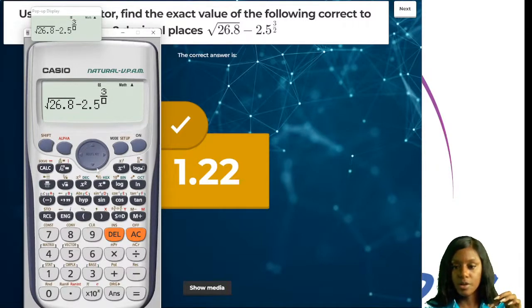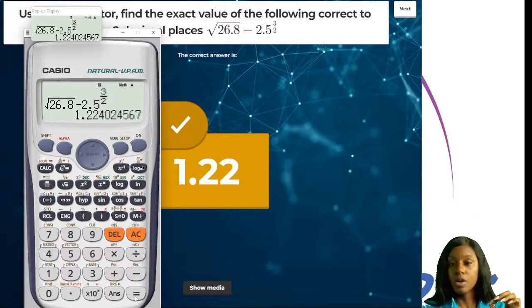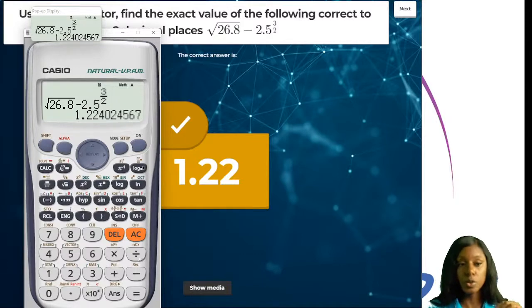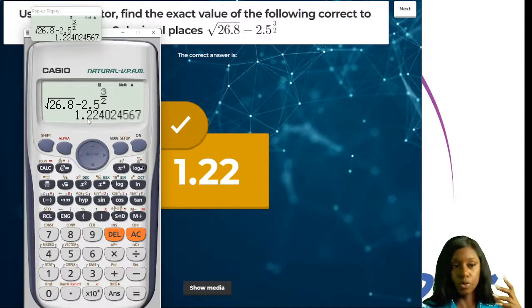Okay, 3 on 2, and you type in equal. Now it says correct to 2 decimal places. So counting here, my first decimal place is 2, my second decimal place is 2. The digit that comes after 2 is less than 5. So therefore it remains as 1.22.